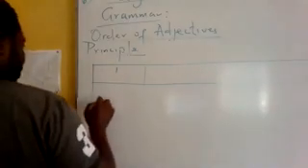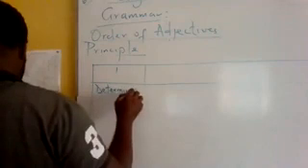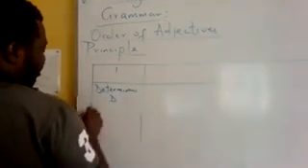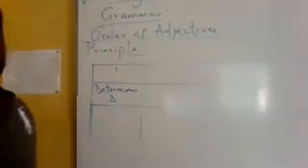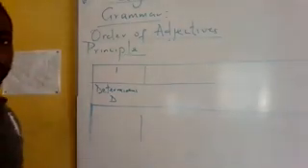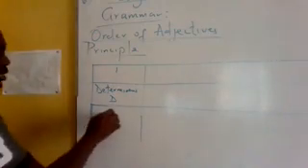Number 1 is determinants. D. We call that D. Now, what are those determinants? Can you give me examples of determinants? Examples: A, and, some. Those are determinants.